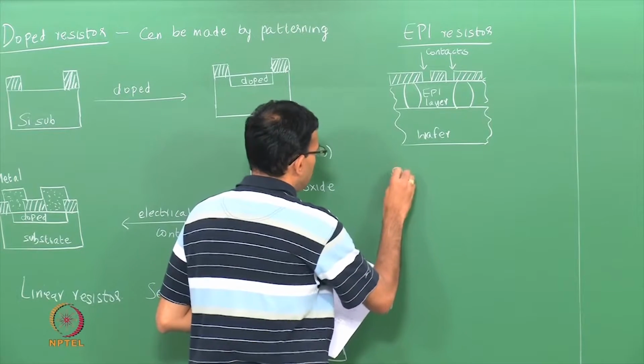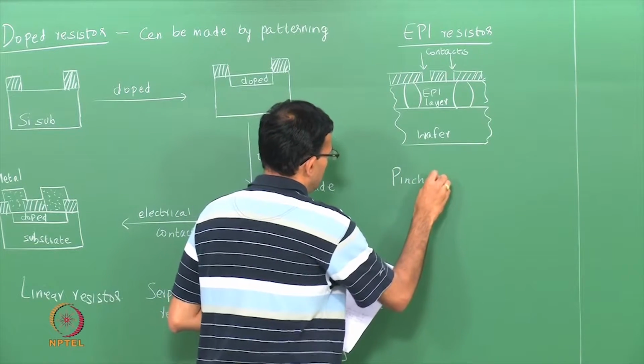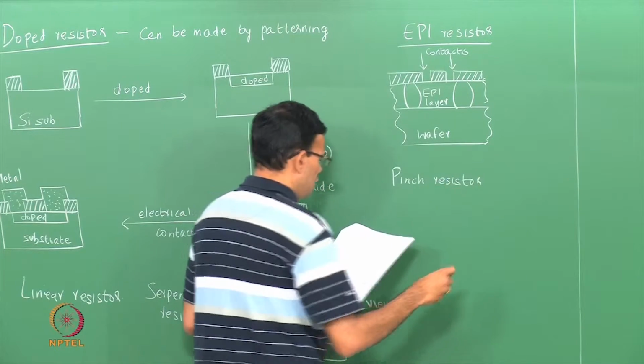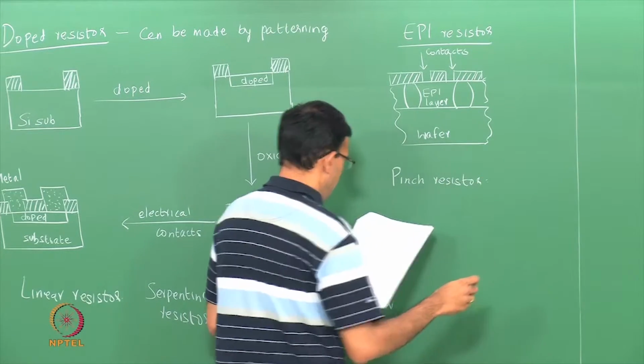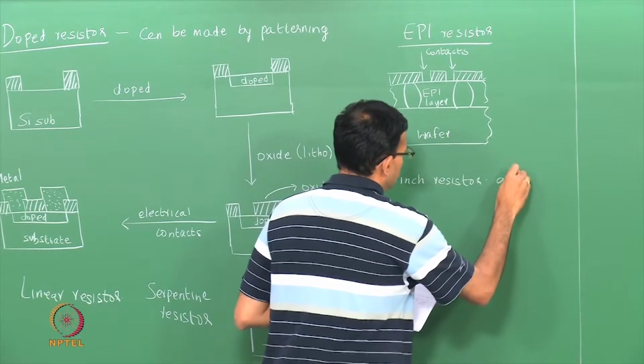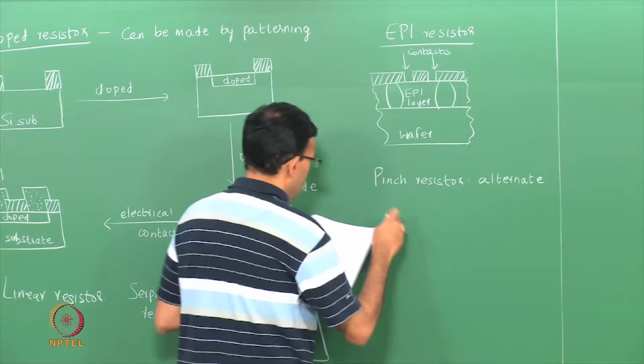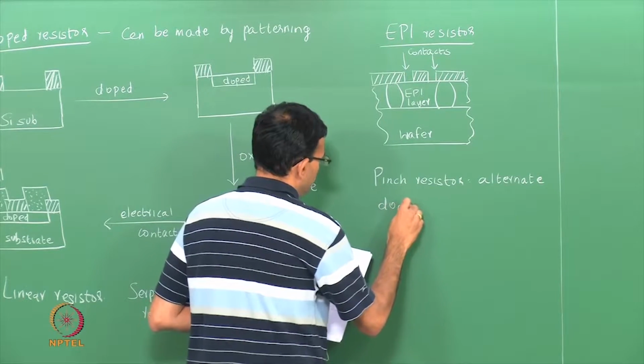You could also have something called a pinch resistor, which is typically formed by having alternate doped regions.